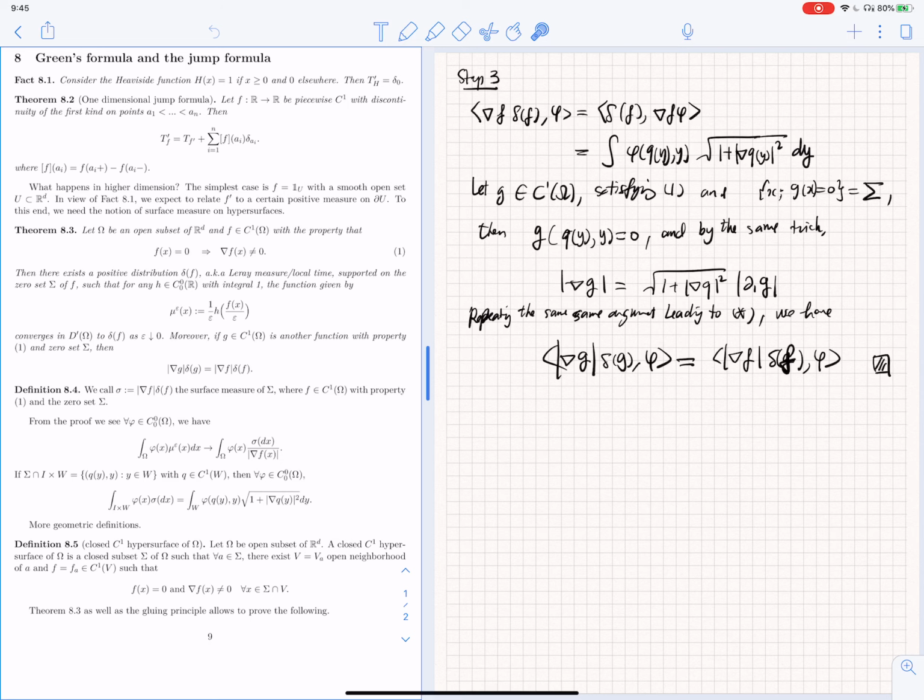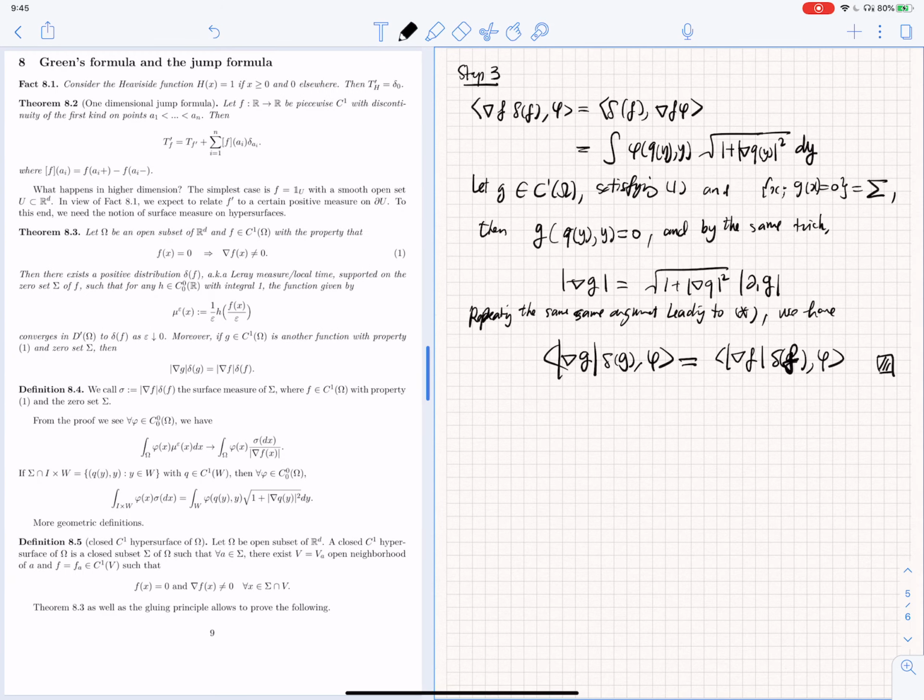So let me draw a small picture to tell you what is going on here. Let's consider omega very big, say R^2, and sigma in 2 dimensions is just a curve, right?